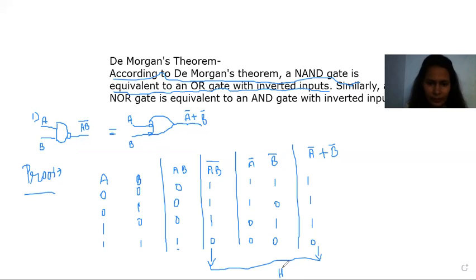So it is true. Now, we will see this next. Similarly, according to De Morgan's theorem, a NOR gate is equivalent to an AND gate with inverted inputs.